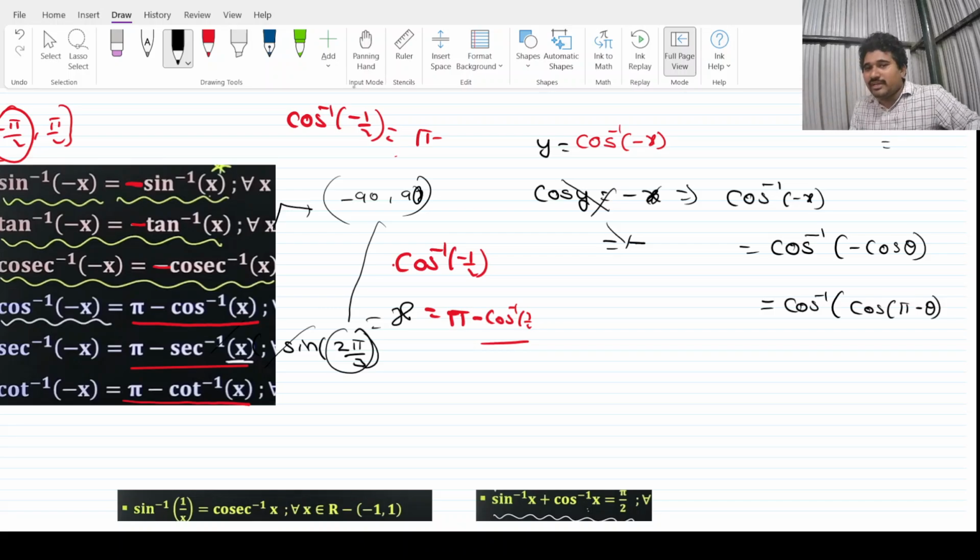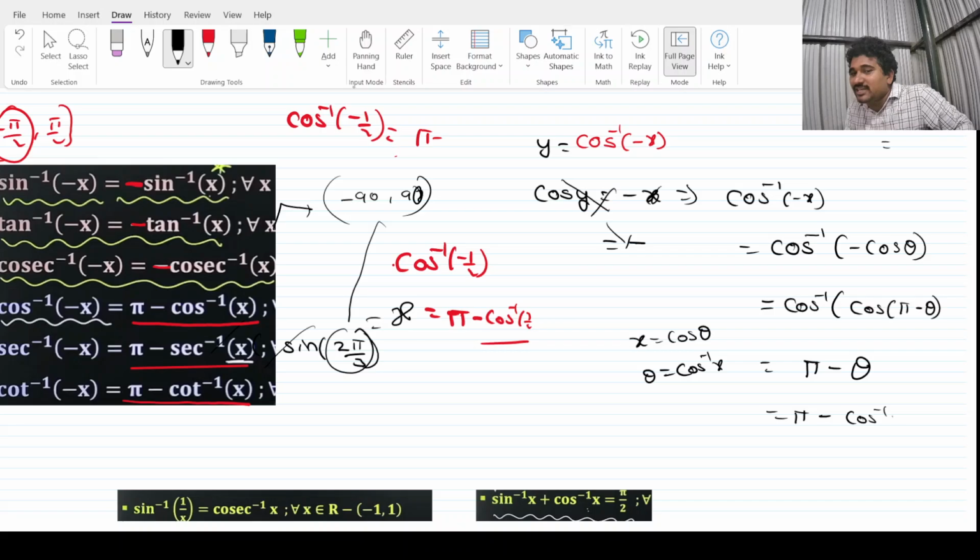So from here, cos inverse cos gets cancelled. Pi minus theta, you got. But who is theta? You assumed x is equal to cos theta. So theta is cos inverse x. So pi minus cos inverse x. Observe that.